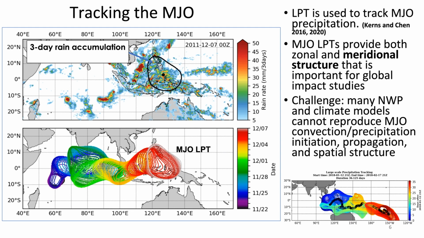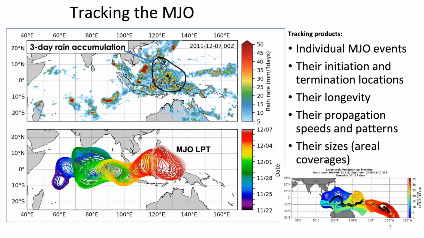Next one, please. So this animation just basically shows you what happened. On the top is individual LPO, the tracked individual large scale features, and the bottom is just the consecutive features. And you can see in this particular case, things are moving consistently eastward for quite a few times.